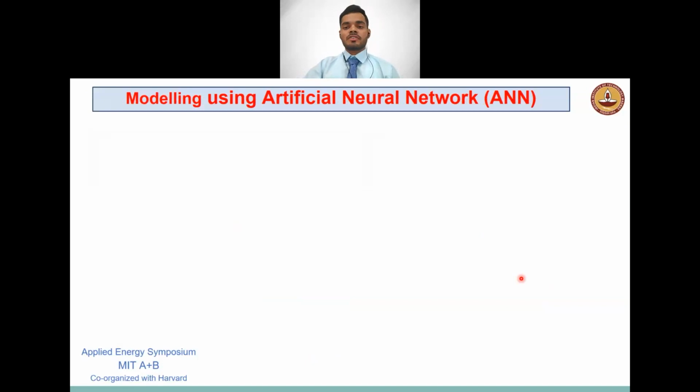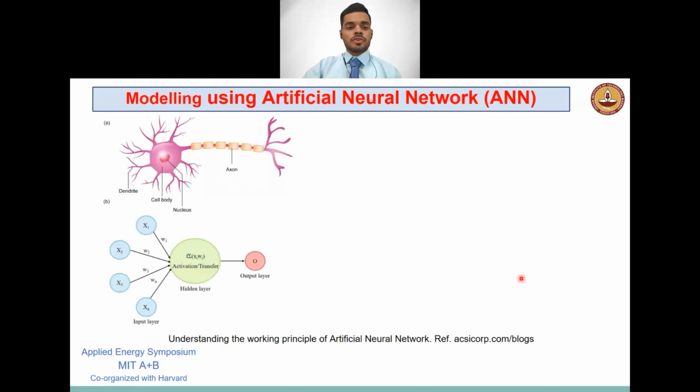Now we have also done an artificial neural network, which will give us an idea of how our data are behaving. So what is it? An artificial neural network is basically a method by which we try to mimic the biological neural network present in the human body.